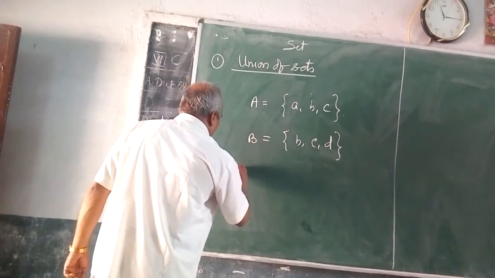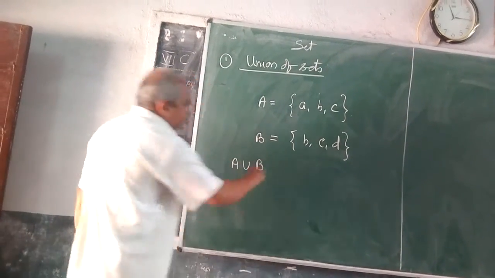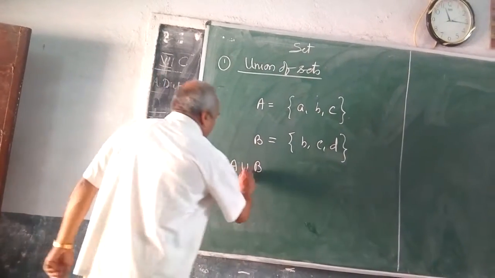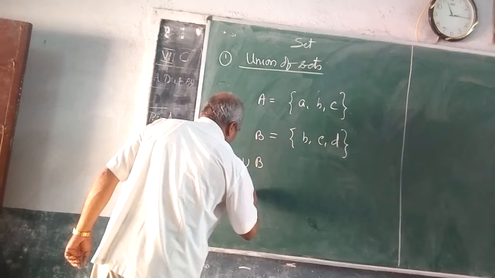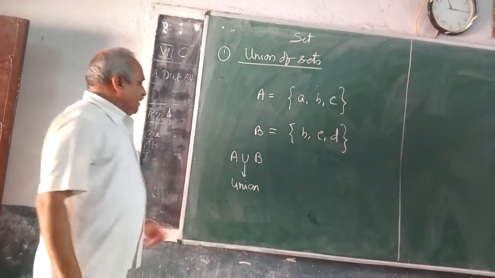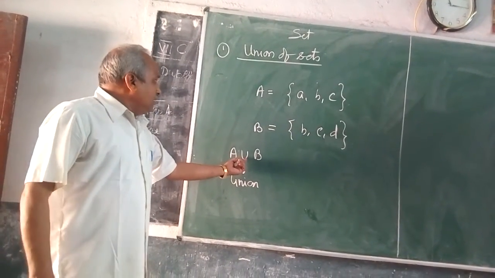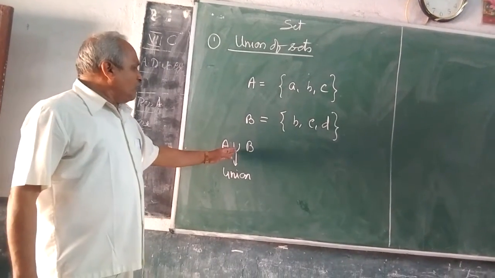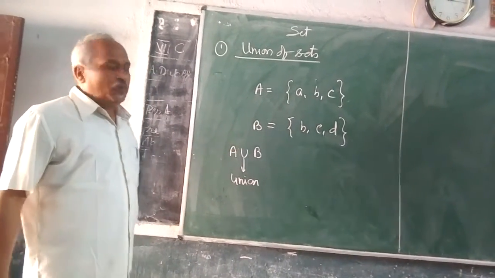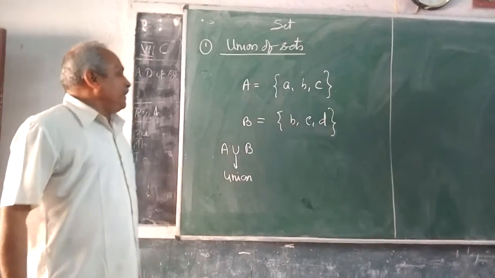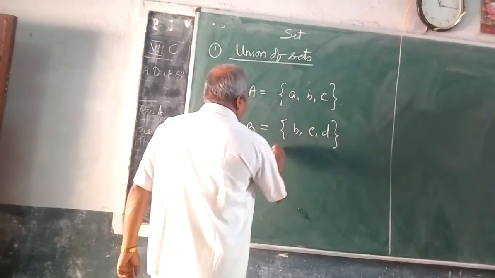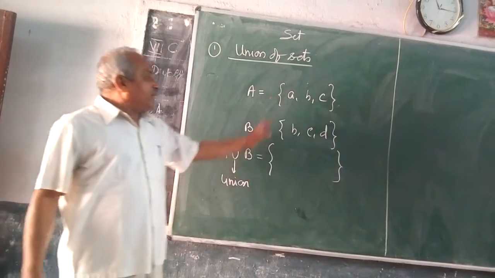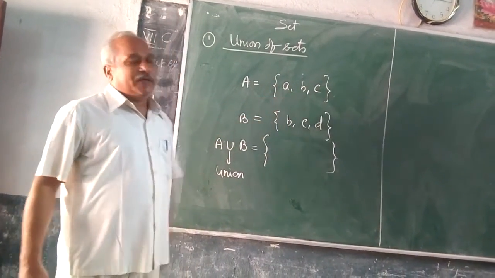Mathematically, the union of these two sets is expressed in this form. This symbol stands for union. It appears like the letter U, but it is not U, only similar to it. Therefore, A union B is a set. Now assemble the elements of A and B.